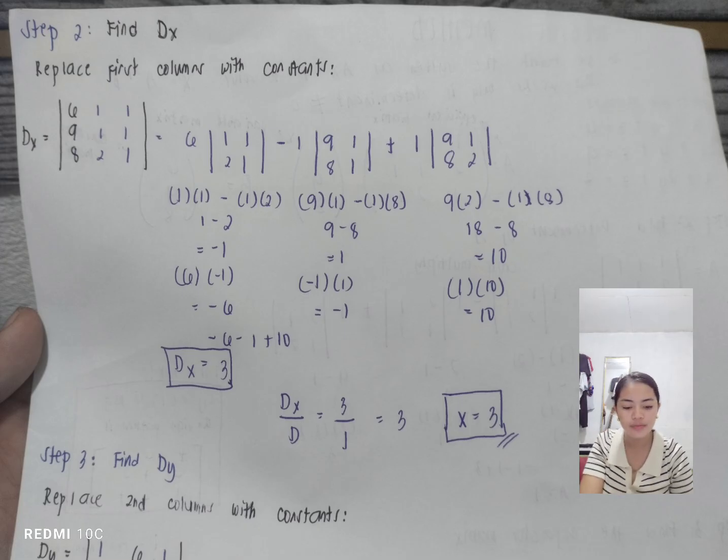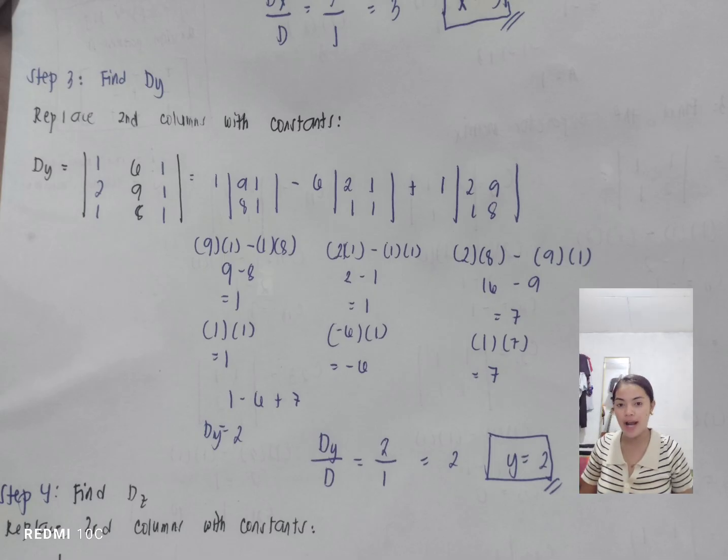Now, since we have d, and in this part we have dx, the formula is to divide them. So dx divided by d is equal to 3. Our d is 1. We need to divide it to 1. So 3 divided by 1 is equal to 3. Now our x is equal to 3. For step 3, we need to find the y. So again, in order to find the y, we need to replace the columns for y with its constant.